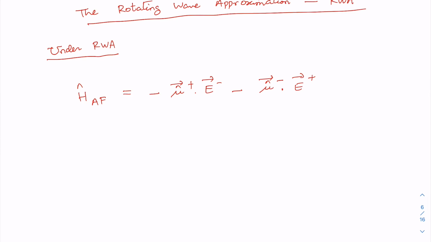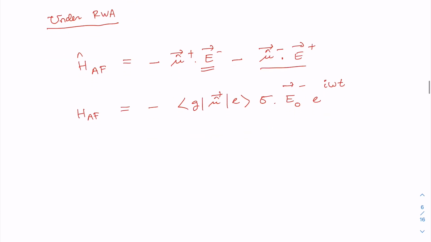So therefore we can write, if I put up the terms here, I will have minus Z mu E dot sigma, let me write it, sigma dot E0 minus, I'm writing the first term here, E0 minus, that is the amplitude of the electric field, e to the power I omega t, and from this second term I will have minus Z mu E sigma dagger dot E0 plus e to the power minus I omega t.